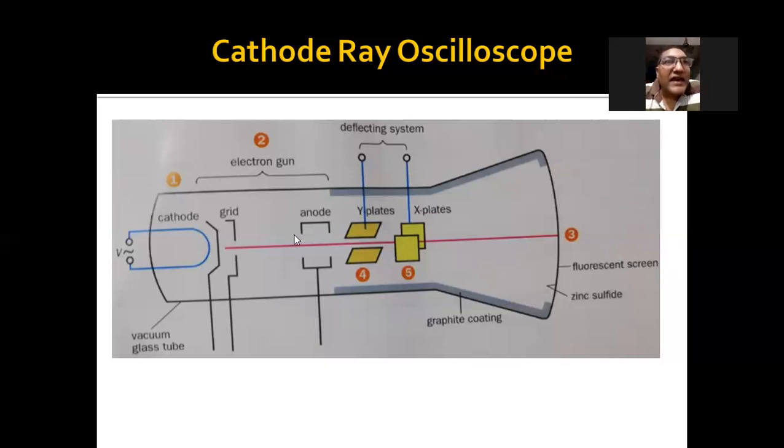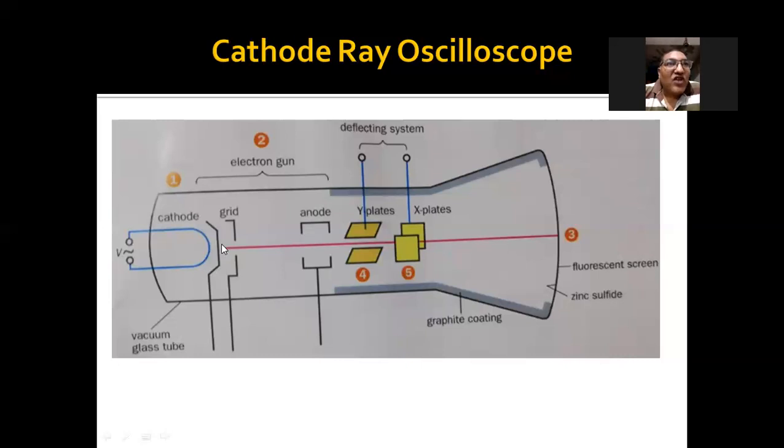So here we have an anode, and this anode is at very high voltage. This anode is connected with the positive terminal of a battery, so it has positive charge on it, and it is at very high voltage.